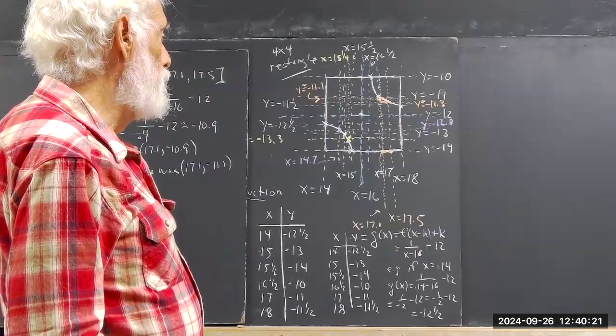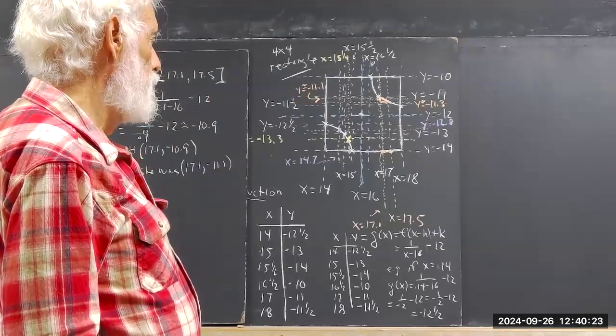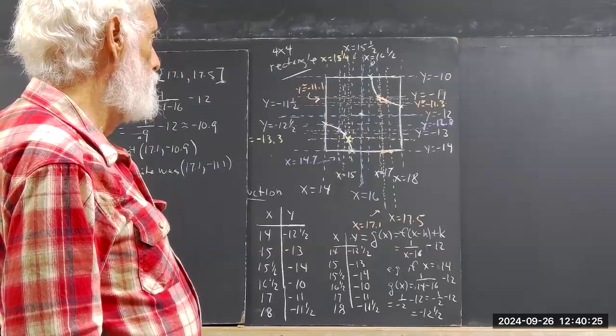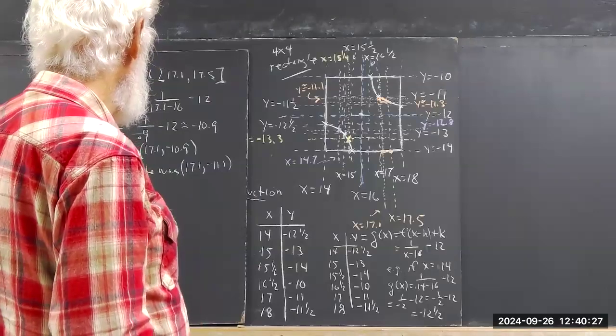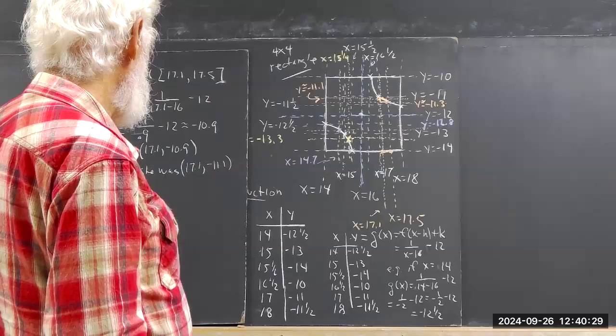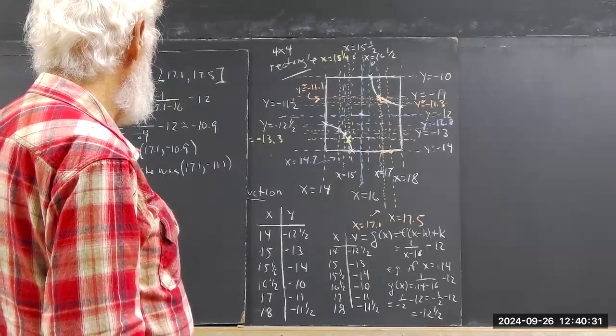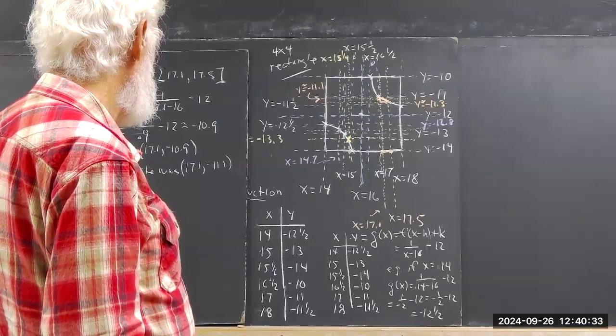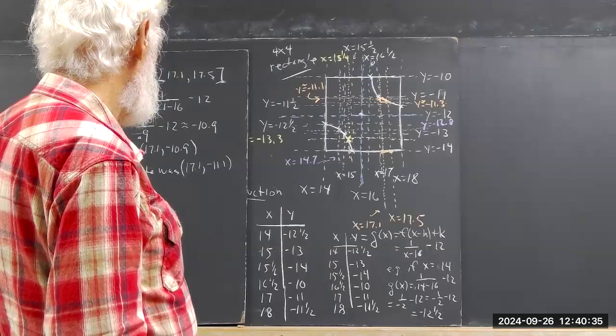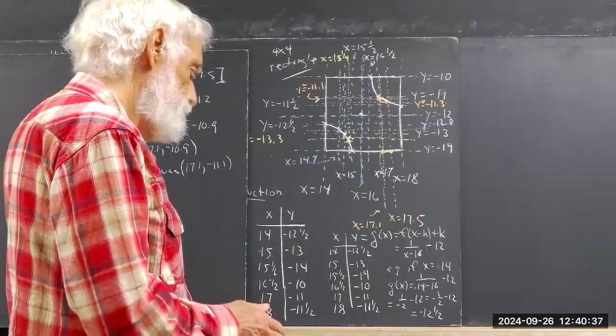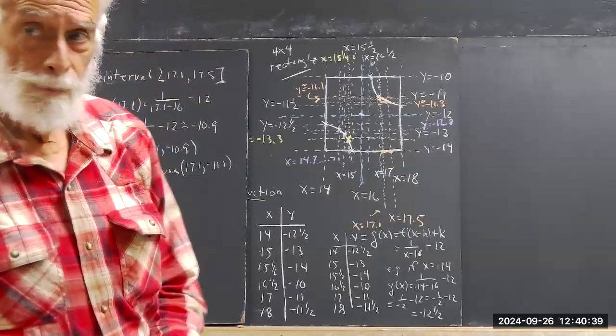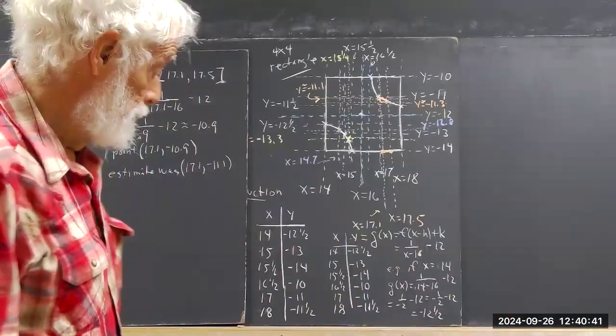Not sure that would have made a huge difference. And actually, I don't see how that could be negative 10.9. Oh, okay. No, I screwed up my calculation.